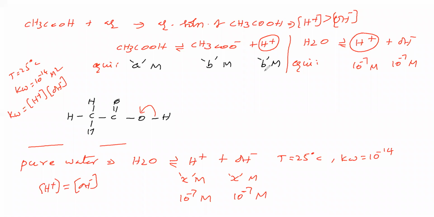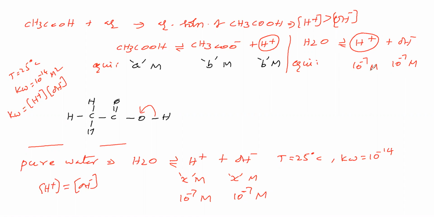Okay. So what value will you substitute for the concentration of H plus in this equilibrium? The same H plus concentration you have to substitute here also. So the H plus concentration here and here will remain the same. But the OH minus concentration will be less than the H plus concentration.